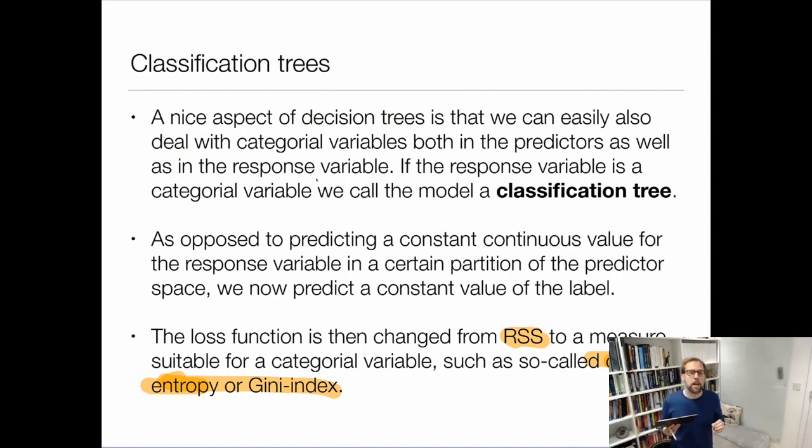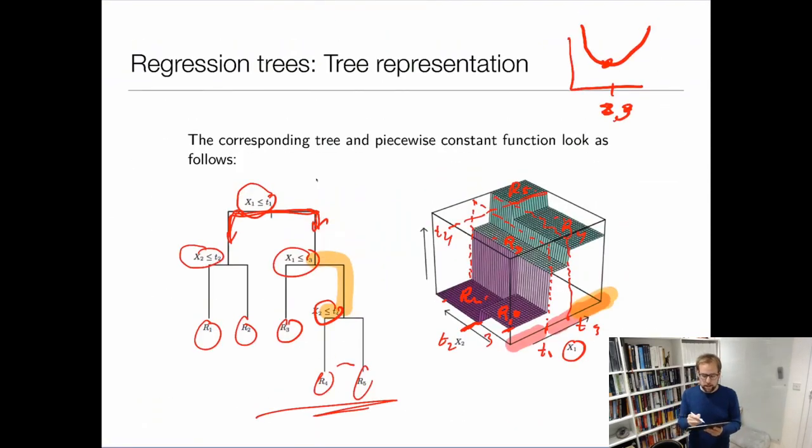One interesting remark though is that I mentioned it at the beginning, those things are quite good. I can very easily deal with any types of variables, not just in the response variable when I go from regression to classification trees, but even in the input variables. Now we assumed those dimensions x1 and x2 are just continuous variables, but x1 and x2 could also be of different nature.